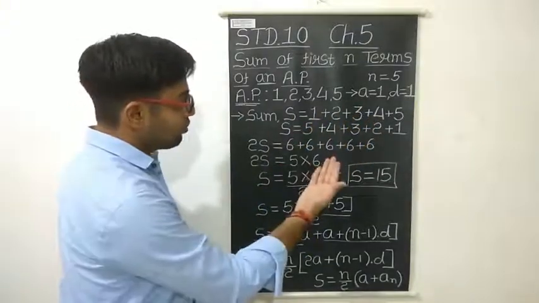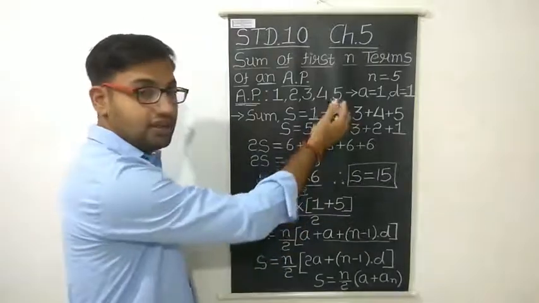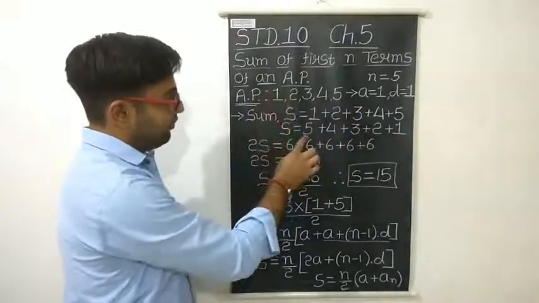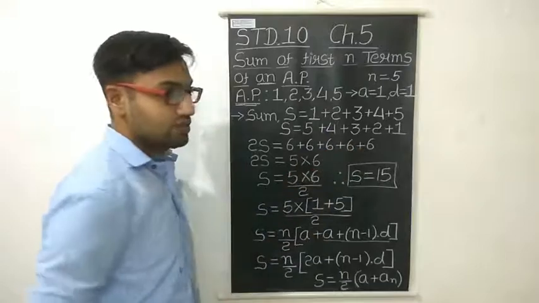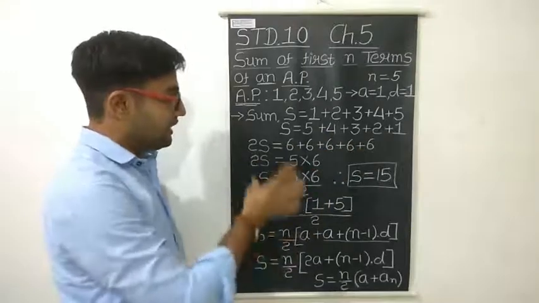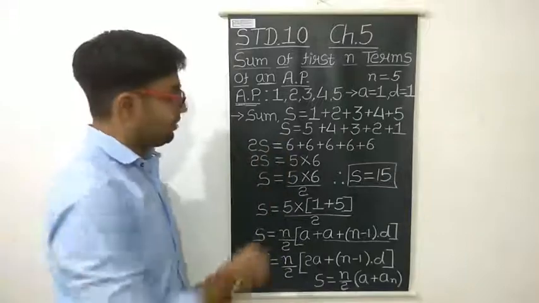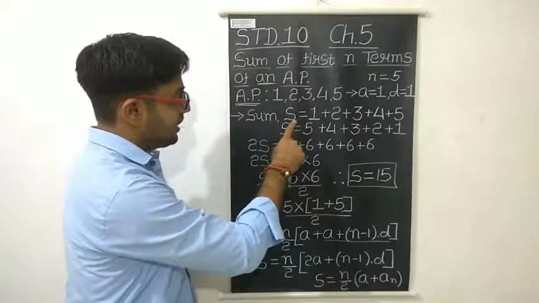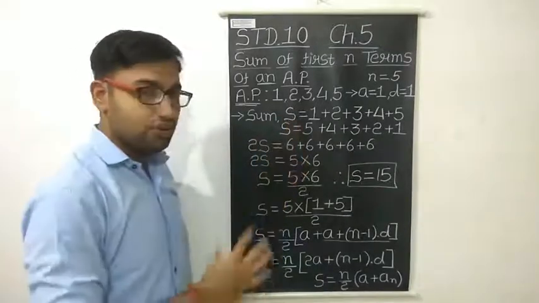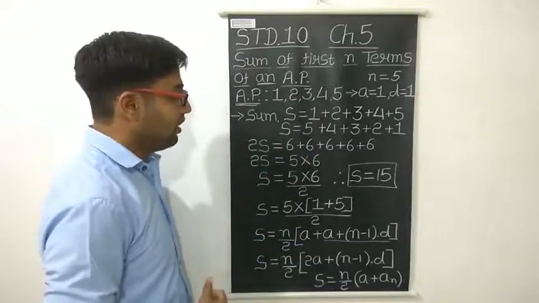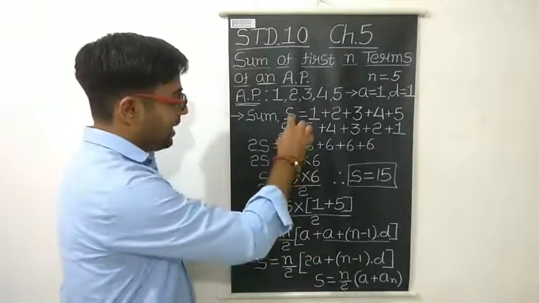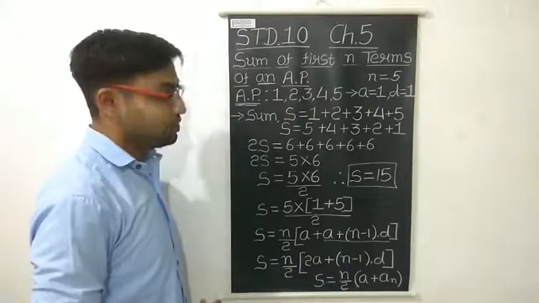We can also add it from last to first, 5 plus 4 plus 3 plus 2 plus 1. Yes, because it is addition, so both give the same value. That is why both are represented as S. Now what will happen if we add both these equations?